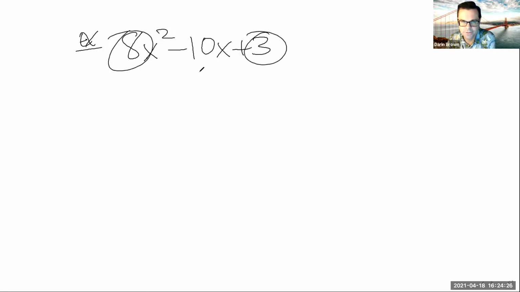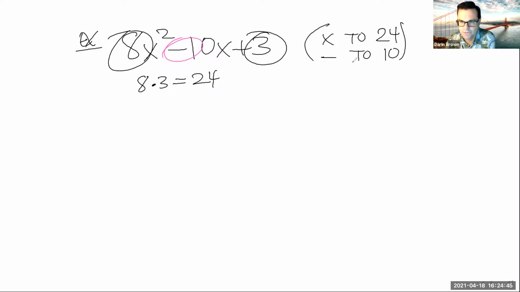You look at 8 and 3. So 8 times 3 is 24. So we're looking for 2 whole numbers that multiply to 24 and subtract to 10, have a difference of 10. So think for a second, I'll give you like 10 seconds. 2 whole numbers that multiply to 24 and subtract to 10.